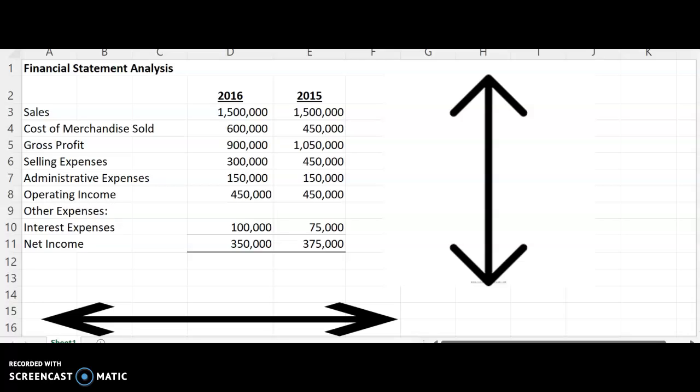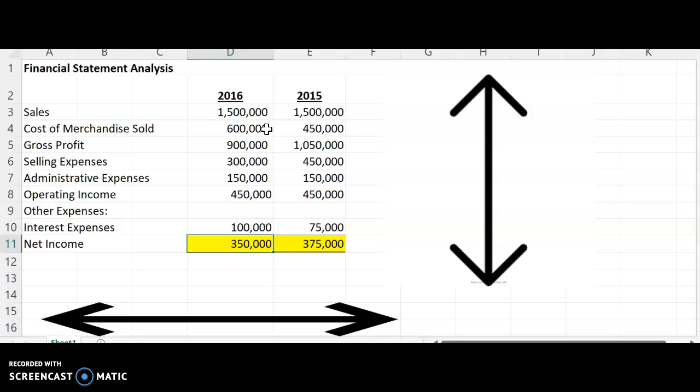So horizontal analysis, you're going to be comparing from year to year. So here you're going to be comparing 2015 to 2016. And I'm curious about these numbers because if I look, I can see I had more net income in 2015 than I did in 2016.